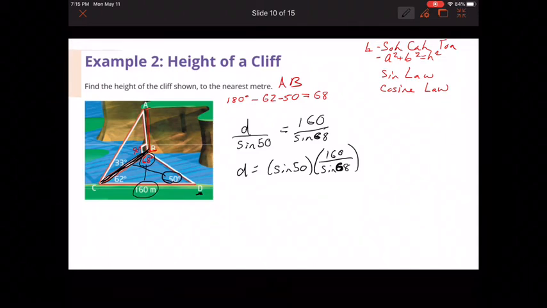And by the magic of our calculators, we'll find out that side D, or side BC if we want to call it, so CB equals D, if that doesn't confuse you, is approximately 132 meters. We are working in meters. It says rounded to the nearest meter, so we can start off by doing that.